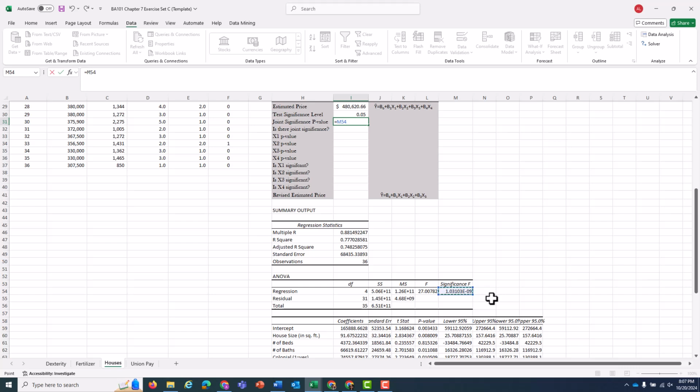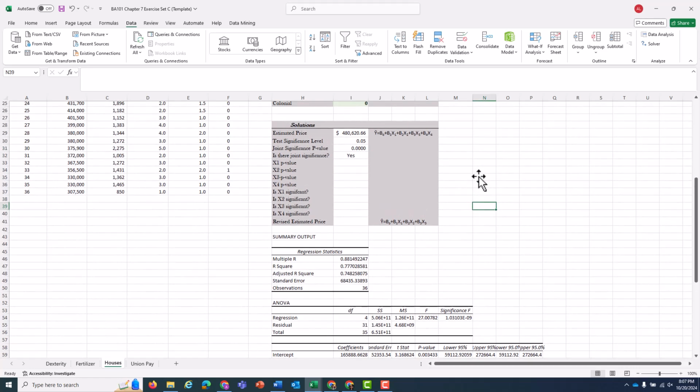We'd have to move that decimal 9 spots to the left. So our number is actually, in decimal form, point, then 8 zeros, then 1, or like 1/100 millionth of a percent chance that we're going to say that these are jointly significant when in fact they're not. So is there joint significance? Absolutely. The chance that we are using a variable in here that is not going to have an effect on the selling price of a house is near 0.